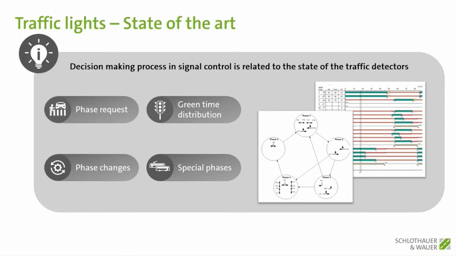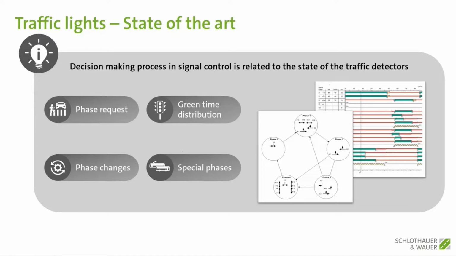In LISA itself, we are most of the time using phases, and for phases we're using different kinds of interactions. This is the phase request, maybe for a pedestrian. This is the green time distribution, of course, to have the green time at the saturation which is currently at the intersection, with phase changes, and of course there are some special phases, especially for the public transport.